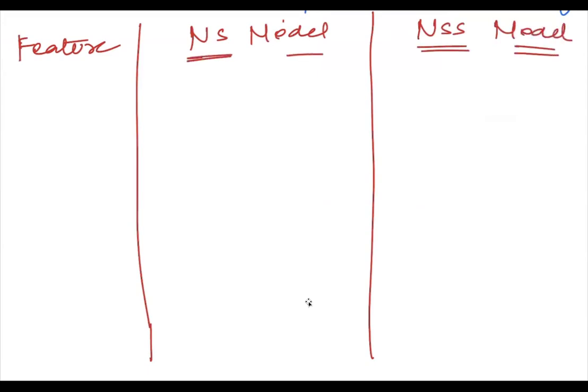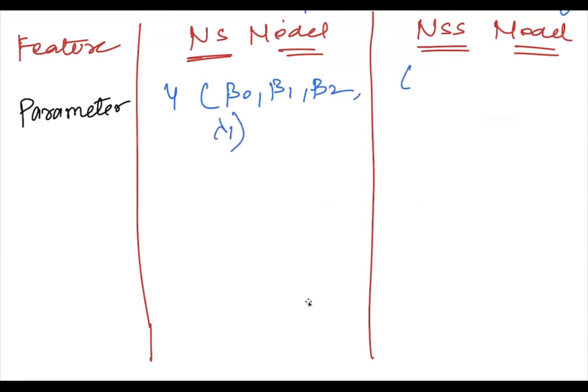The first thing is parameters. Nelson Siegel has only four parameters: beta naught, beta 1, beta 2, and lambda 1. Whereas Nelson Siegel Svensson has six parameters: beta naught, beta 1, beta 2, beta 3, lambda 1, and lambda 2. So this is the first difference.